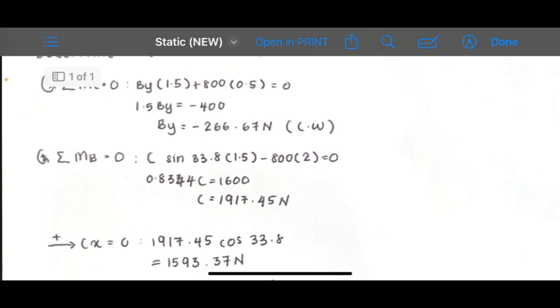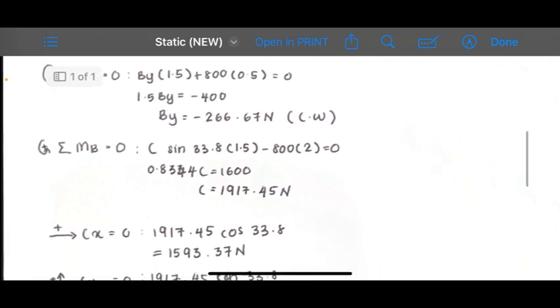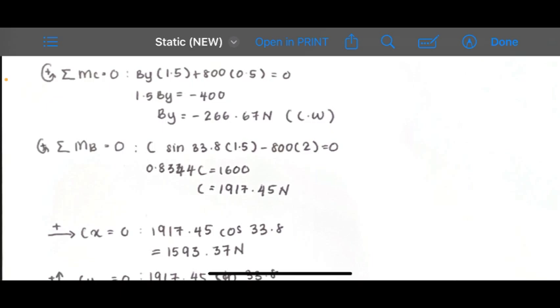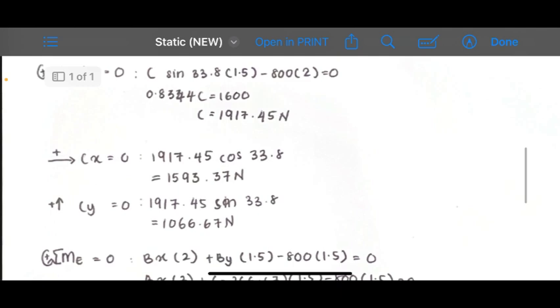After that, we need to find the C moment. So we use the formula C sin theta. We put in the numbers and calculate it, and we get C equal to 1917.445 Newton.